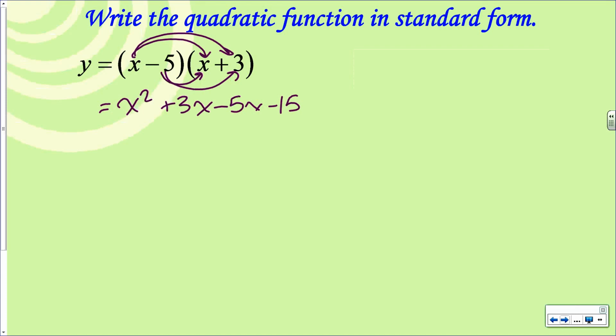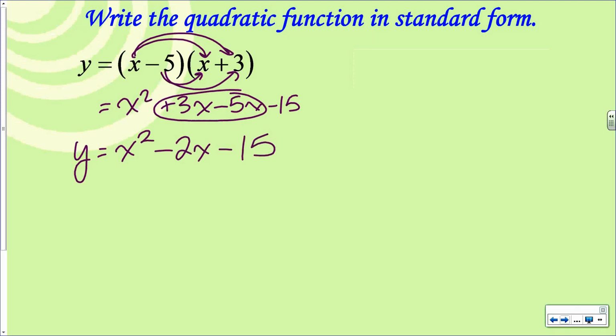okay, great. Combine my like terms and I get y equals x squared minus 2x minus 15. That's it. This is the easy part now.